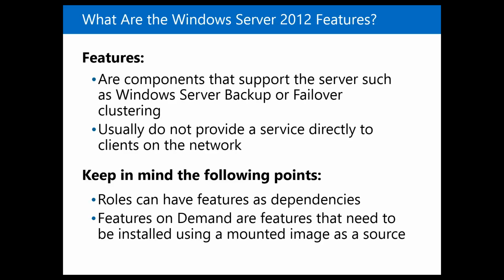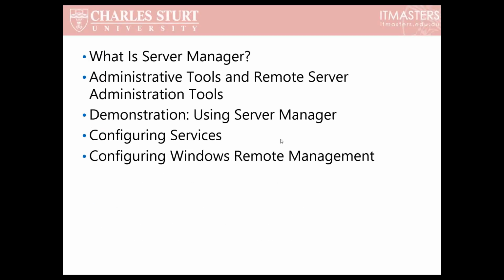Keep in mind, usually you do not provide a service directly to clients on the network, but you will go and enable and associate it to a client. Also, roles can have features as dependencies, as I said a few seconds ago. And features on demand are the features that need to be installed using a mounted image as a source. Alright, I will do a demo very shortly.